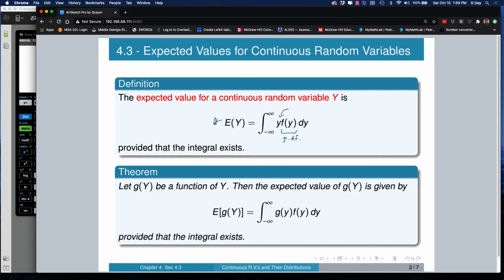Now, to find the variance, you're going to have to do the following. You need to find the expected value of y squared first, and I am going to require that you find this separately so that there's not a lot of confusing looking work done on your paper. I know in the past a lot of you did the expected value of y minus mu quantity squared and then figured out what that was.